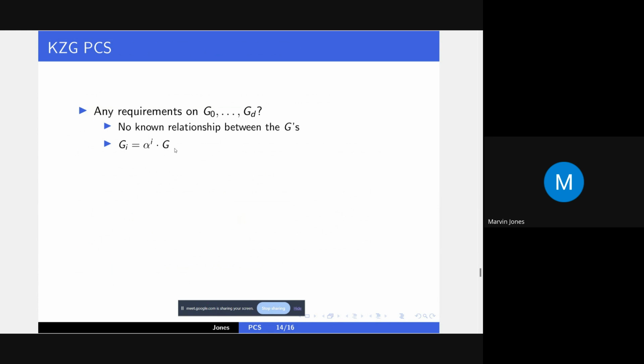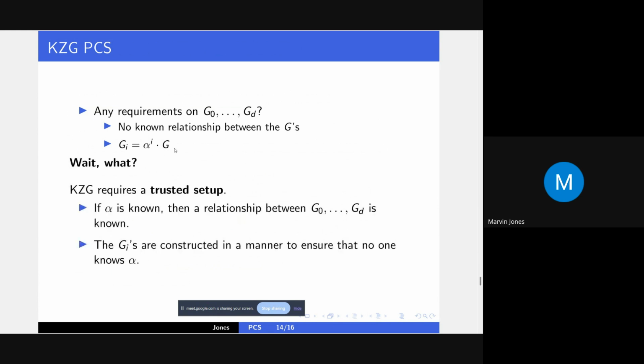But to get around that, we need a trusted setup. And what that trusted setup will do with power tau and so on is that you can use it to generate these values in such a way that alpha is never known to anybody. In particular, what happens is that alpha is generated in a multi-party computation, and as long as you have one honest user in that computation, alpha can never be known.